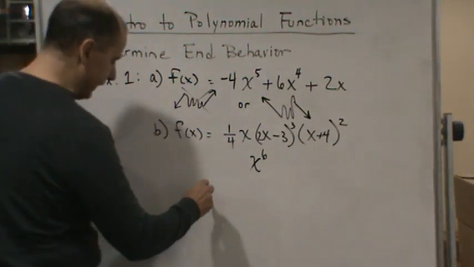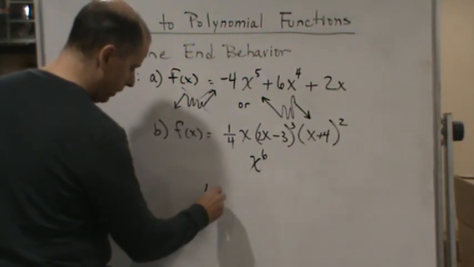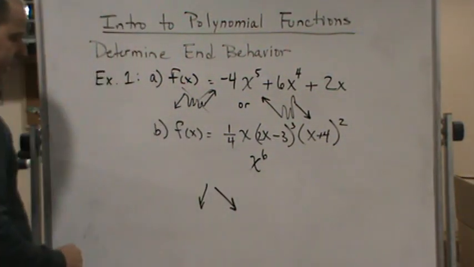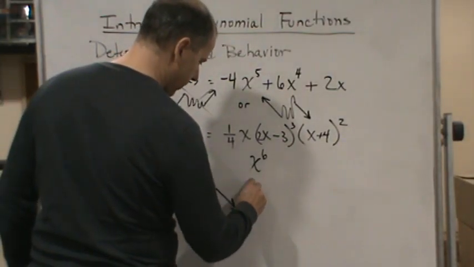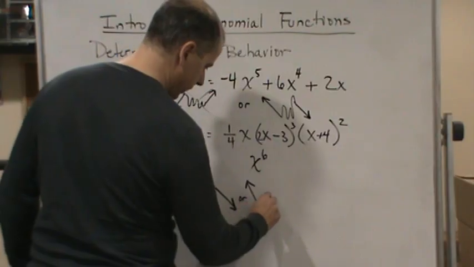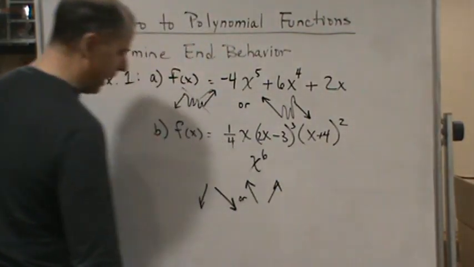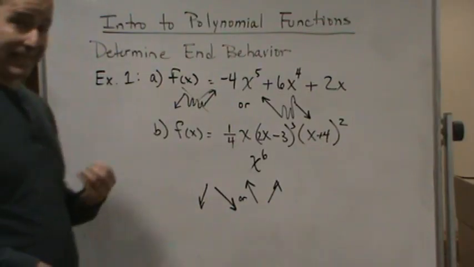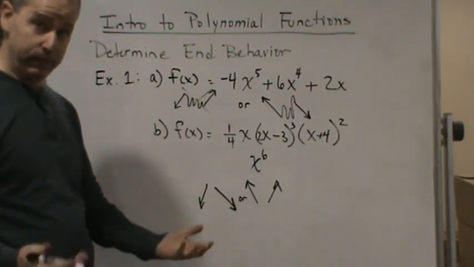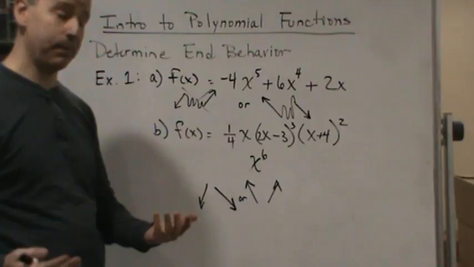So that means either it's going to look something like this for the end behavior, or it's going to look something like that. Because remember, if the degree is even, the tails or end behavior of the graph go in the same direction.